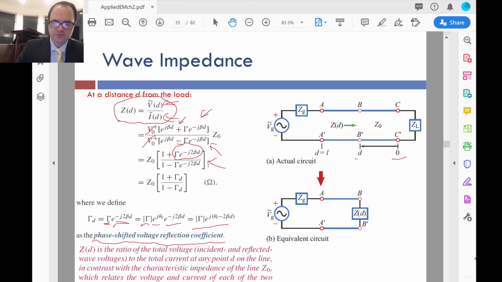And so that's what goes in right here, where this is the wave impedance at any point D in the line.